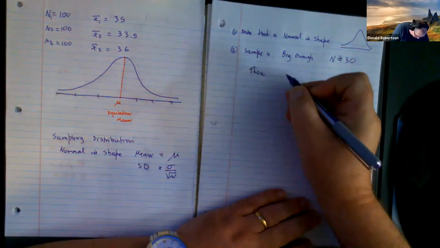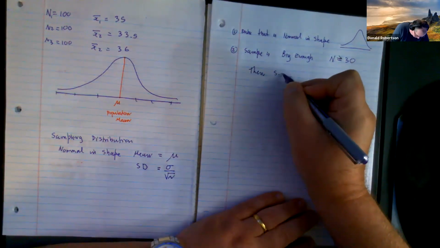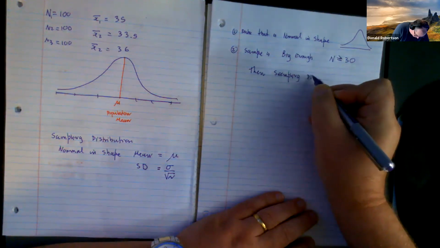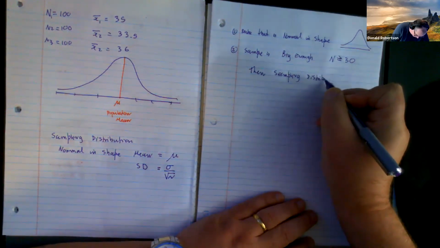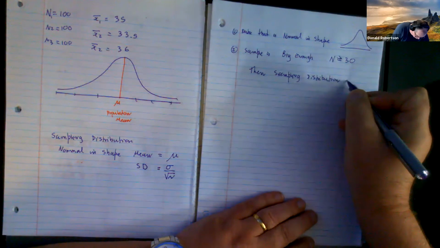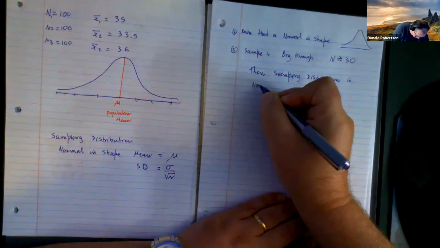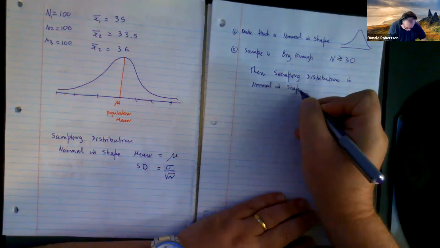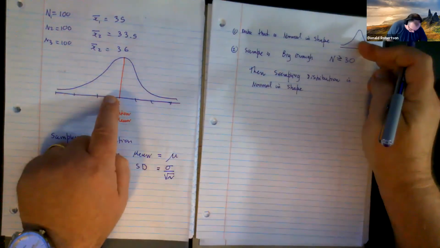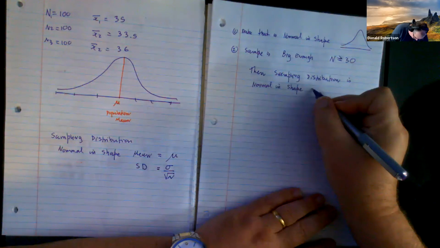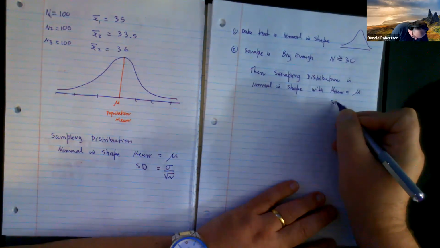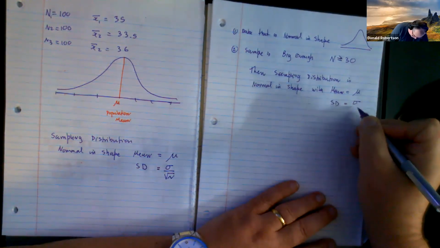then the sampling distribution is normal in shape. So that means it looks like this. It's normal in shape with a mean equal to the population mean and a standard deviation equal to sigma over root n.